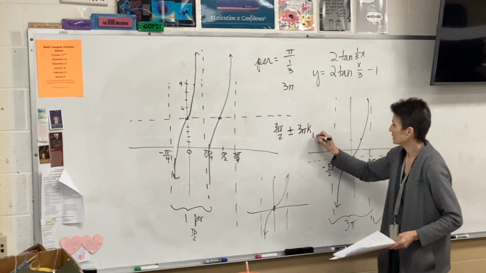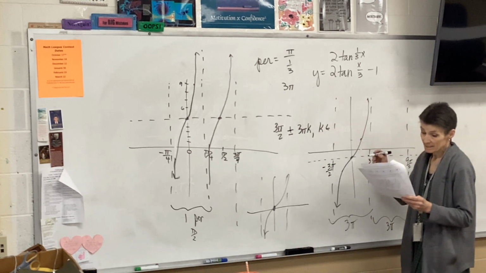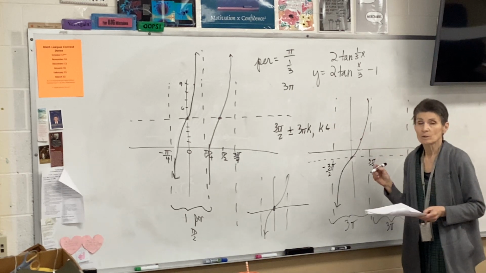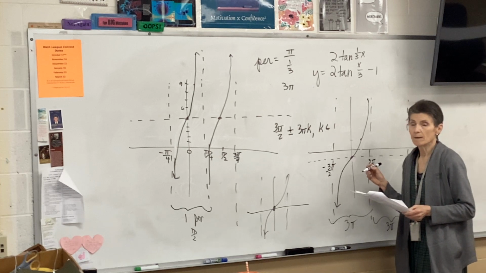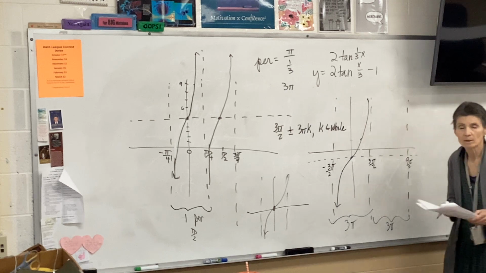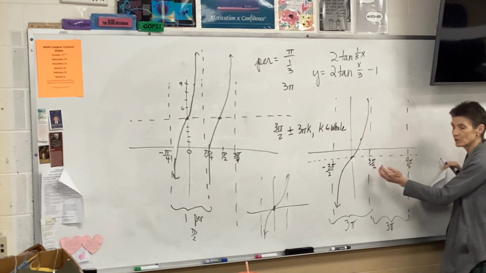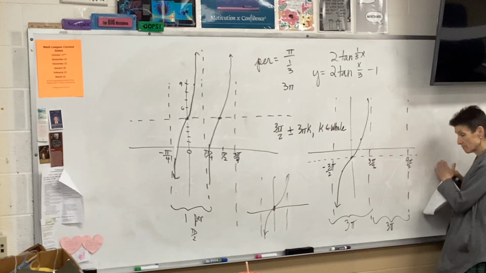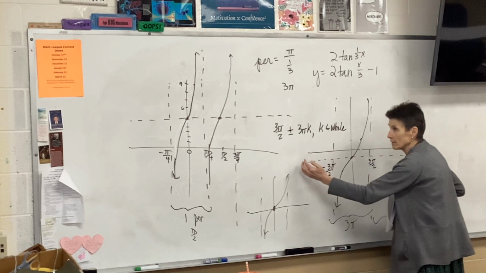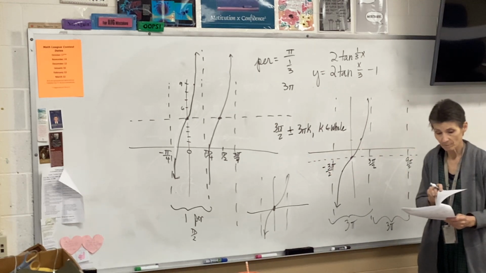K, where K is now, he says a constant, which is true, but we need it to be a whole constant. We need it to be a whole number. Because we're going to take 3 pi over 2 and either add 3 pi's or subtract 3 pi's to generate those asymptotes.